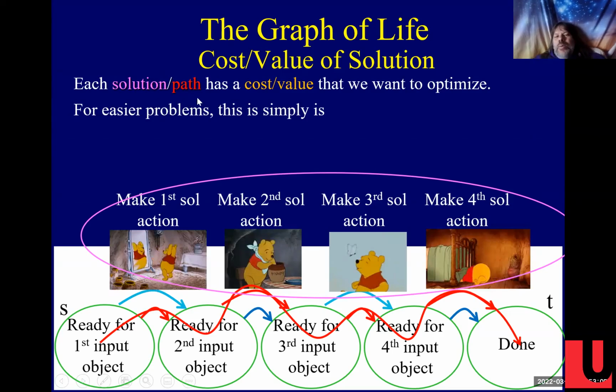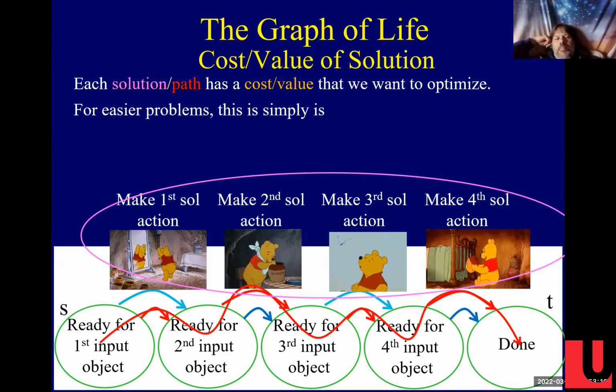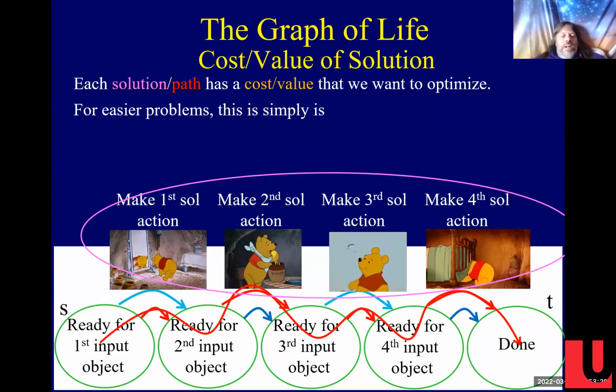So how do we assign costs or values to these solutions? Well, in some problems, this could be complicated, but in most of the problems that we are going to consider, it's really quite simple.